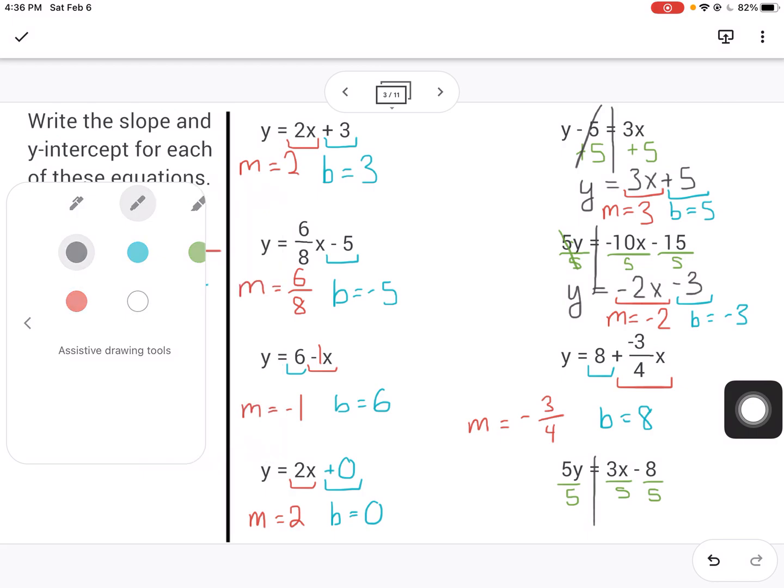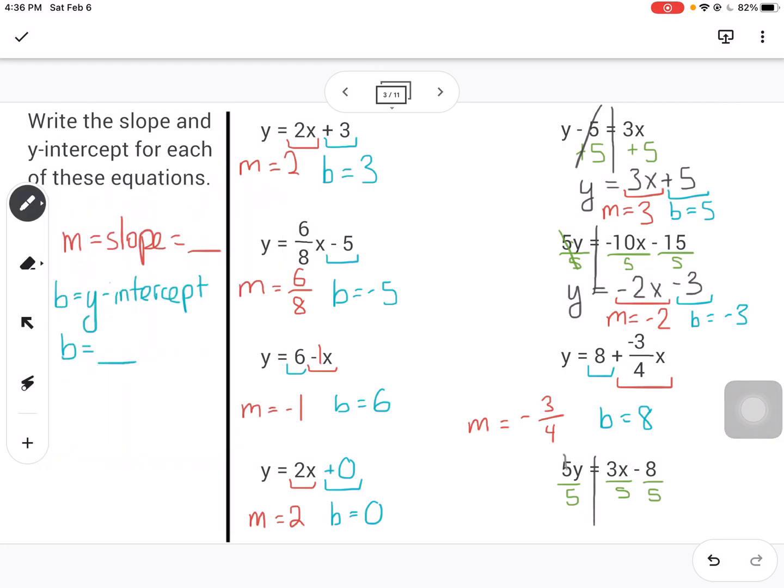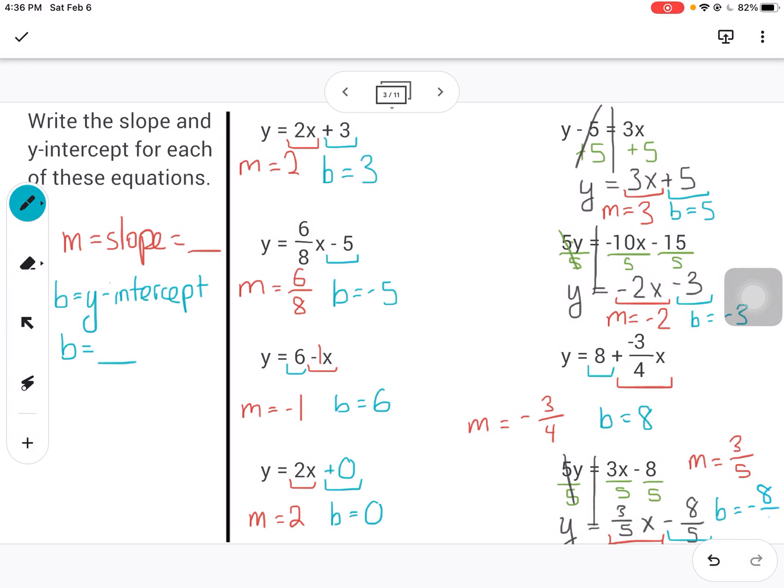It's okay to leave these numbers as fractions. 5 divided by 5 will just leave us with y. 3 divided by 5 times x, minus 8 divided by 5. So m equals 3/5 and b equals -8/5.